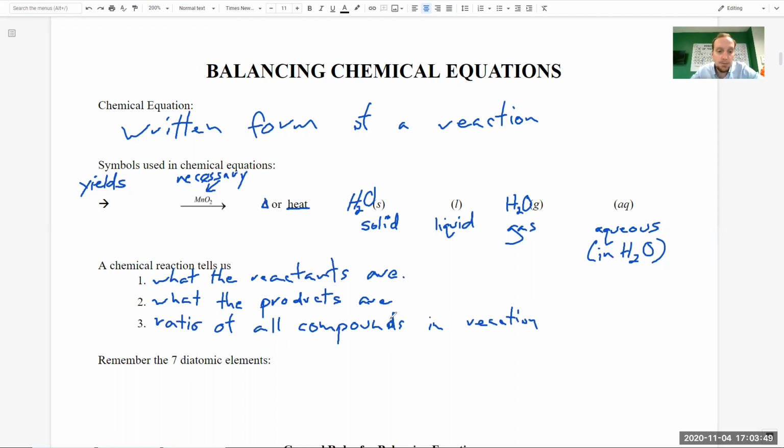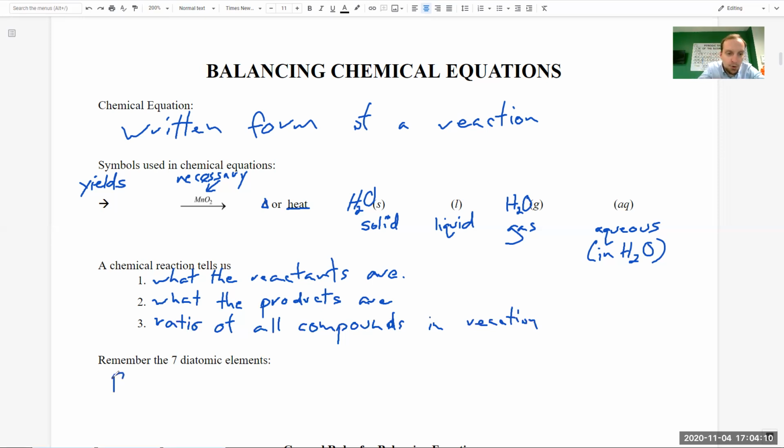Okay. The last thing I want to go over is the 7 diatomic elements. Now, diatomic may sound kind of intimidating, but really remember, di just means 2. So it's the 7 elements that when they are in the pure form, they are always buddied up by themselves in pairs. These are almost all gases.